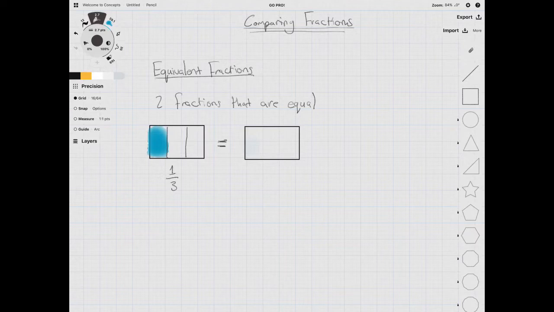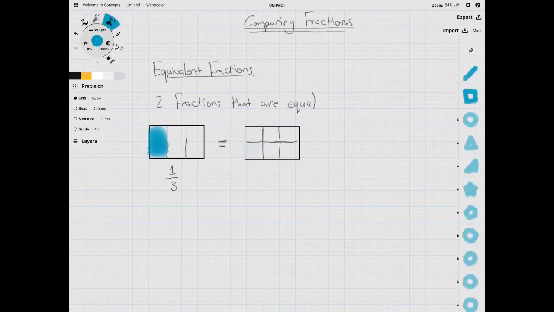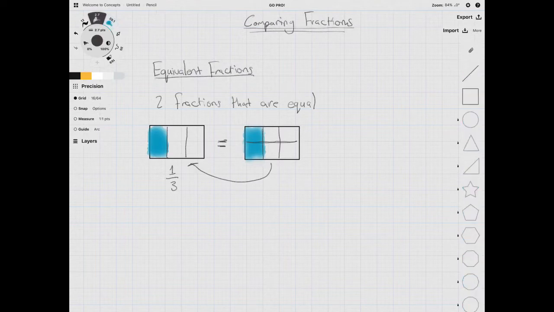Now, if I cut this other box into 6, so I'm making 6 equal pieces, what do you think the equivalent fraction here would be? Well, we're going to start off by highlighting the same amount. So we can see that it's the same as what we had in the previous one.